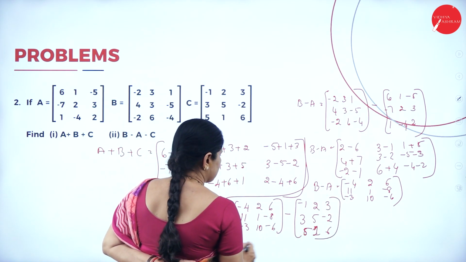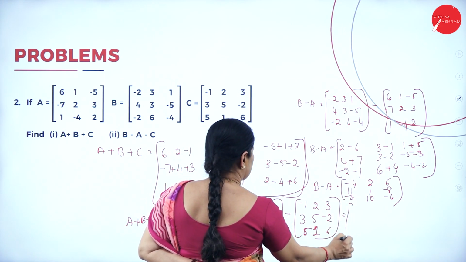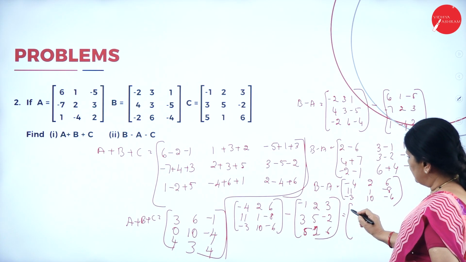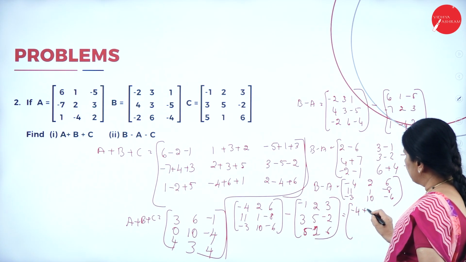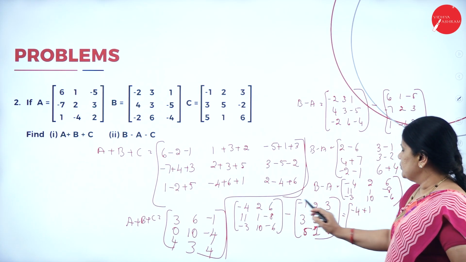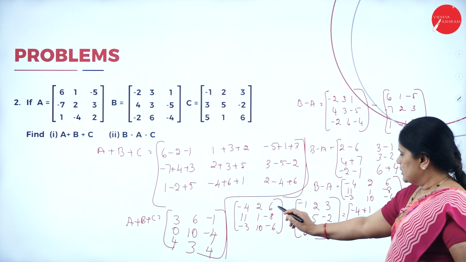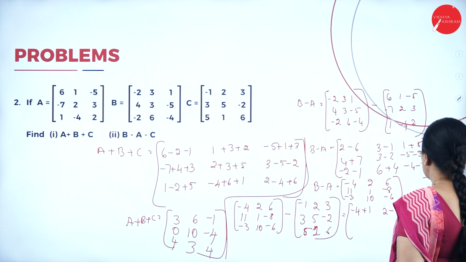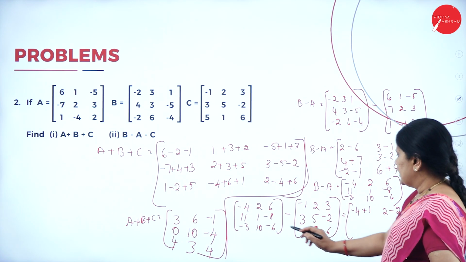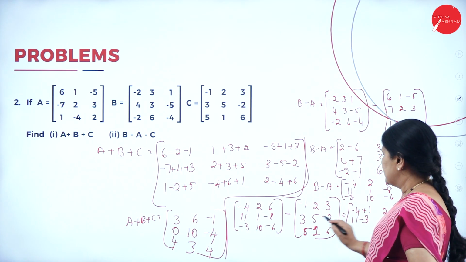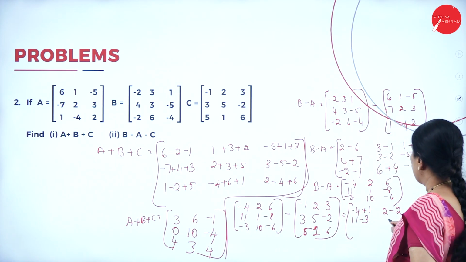So when we subtract, we get minus 4 plus 1. Then 2 minus 2. 6 minus 3. Then 11 minus 3. 1 minus 5.